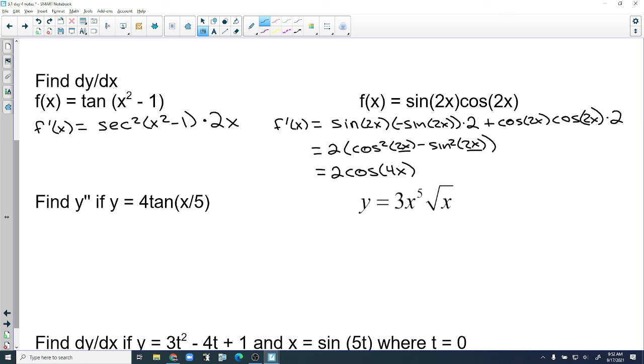Second derivative of this one, y prime, is equal to, well, let's do this. 4 secant squared of x over 5. There's the derivative of tangent, but the derivative of 1/5 x is 1/5. So times 1/5, we got 4/5 secant squared of x over 5.